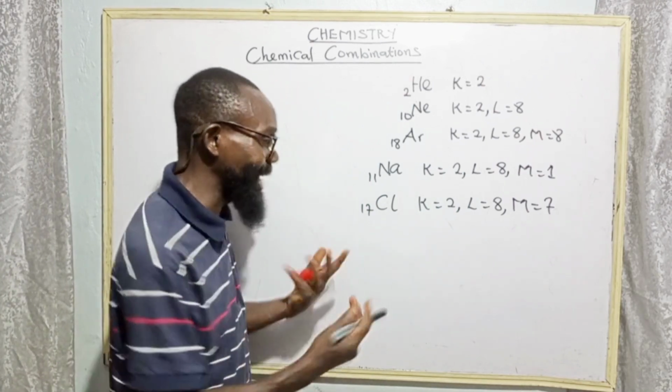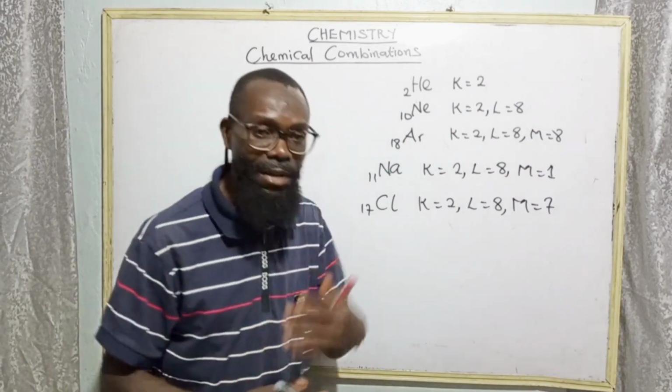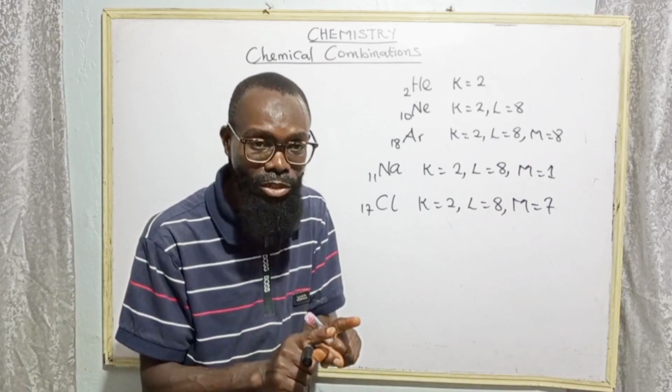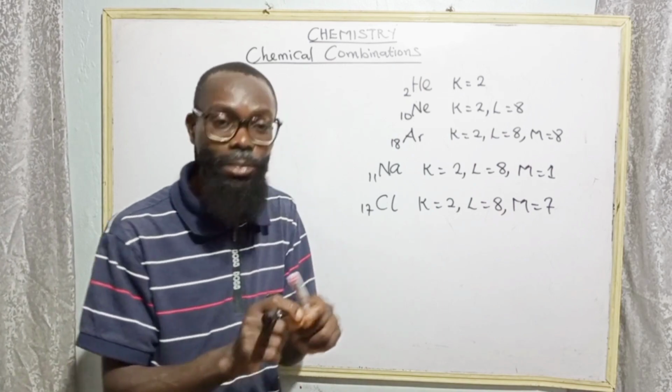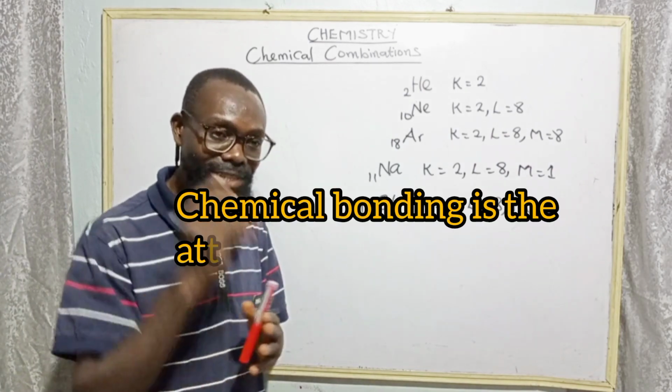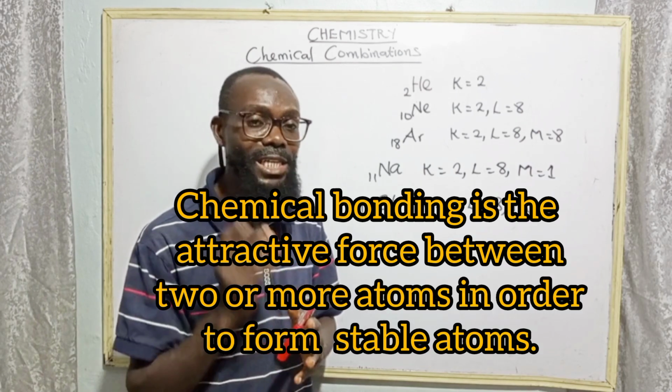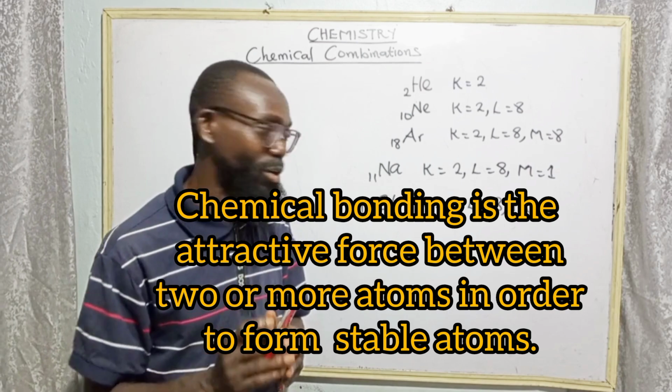Now, when 2 atoms come together, either by losing, gaining or sharing electrons, this is what we call chemical bonding. Chemical bonding is the attractive force between atoms in order to form a stable electronic configuration.